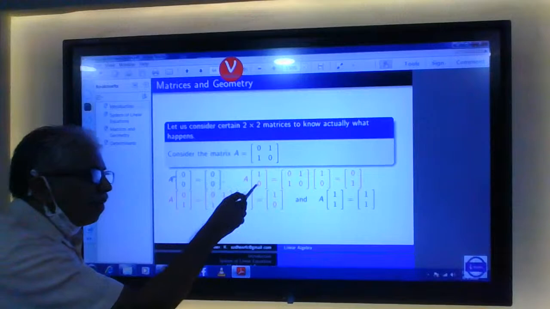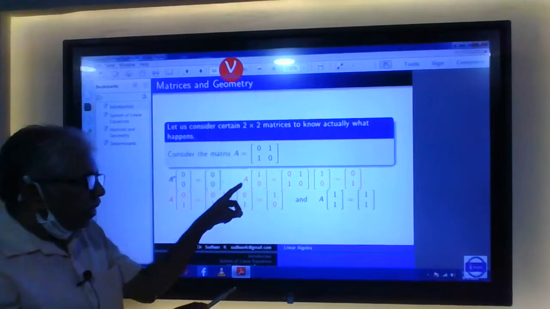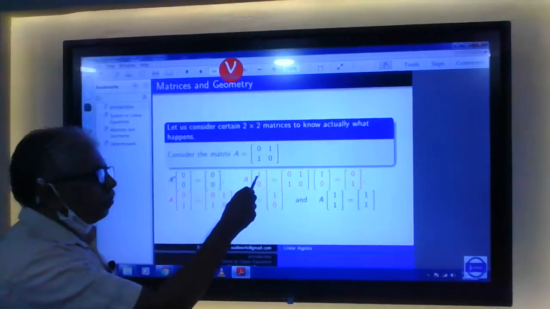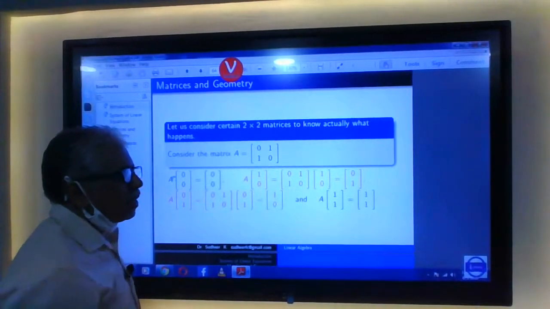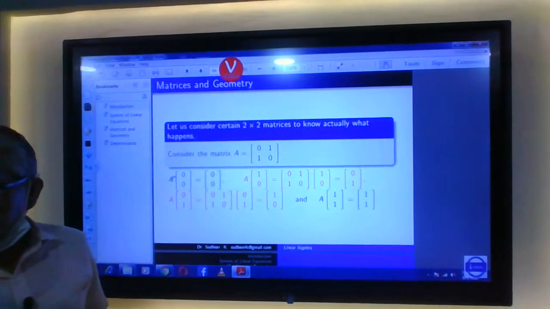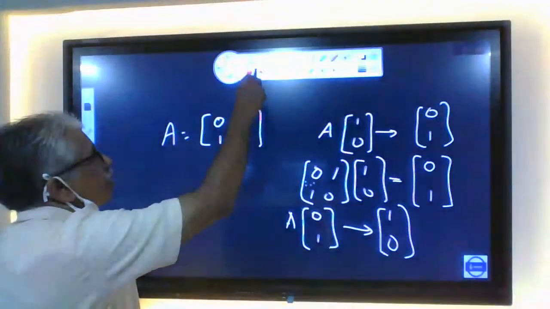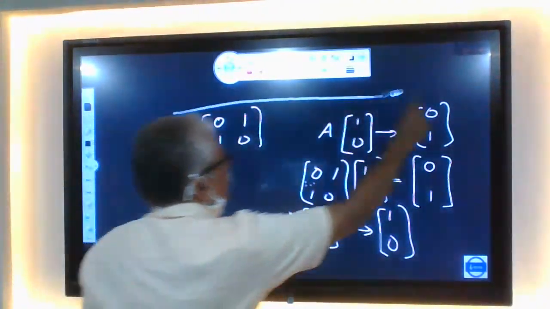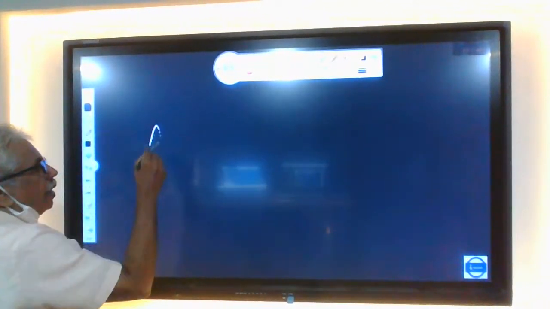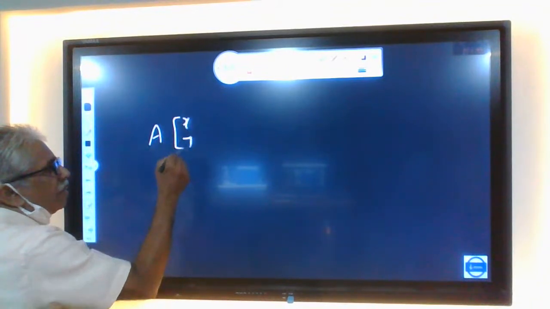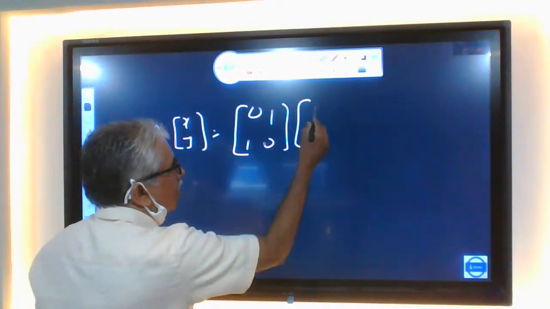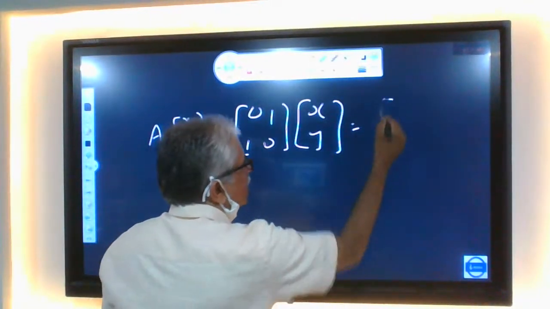The special column matrices 1 0 and 0 1 are given in different colors. So what you get is A multiplied to xy, that is 0 1 1 0 multiplied to xy, and that is equal to yx.